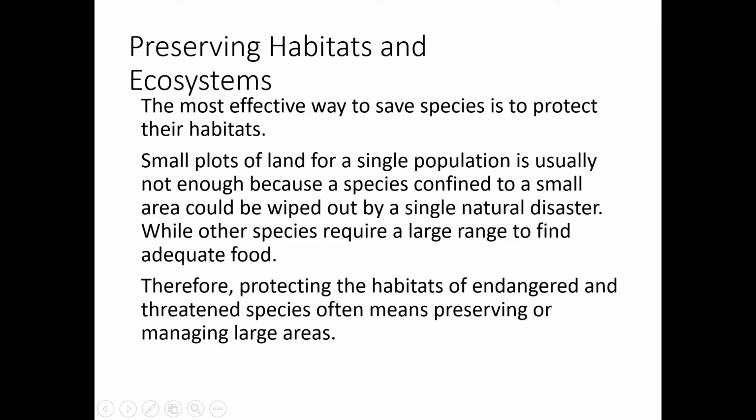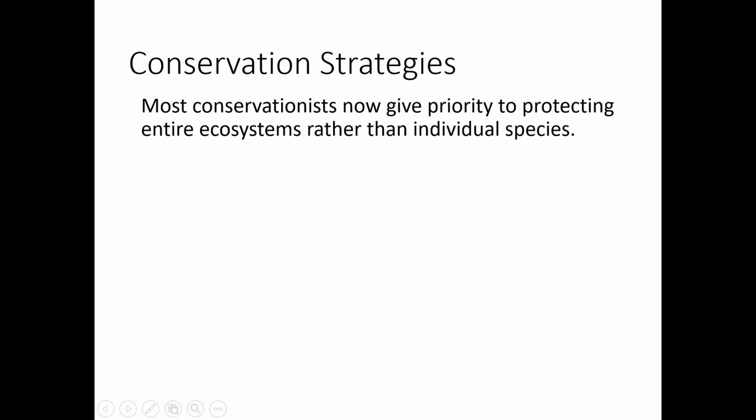Think of the Florida panther that likes to have a large area of land to roam around and hunt its prey. Just giving that Florida panther a small plot of land isn't necessarily that useful. However, for other species, the small plot of land that you mark off for them would be sustainable and would be sufficient to help keep their numbers from going to extinction.